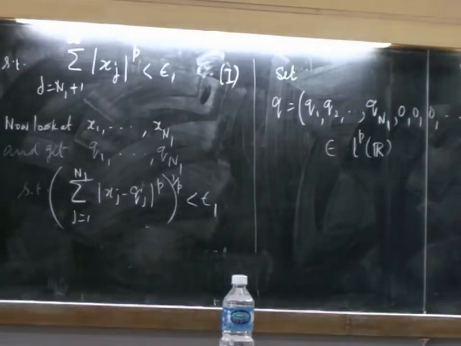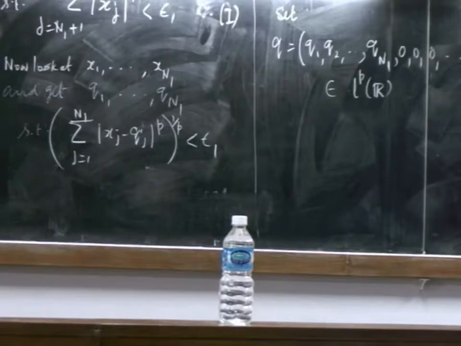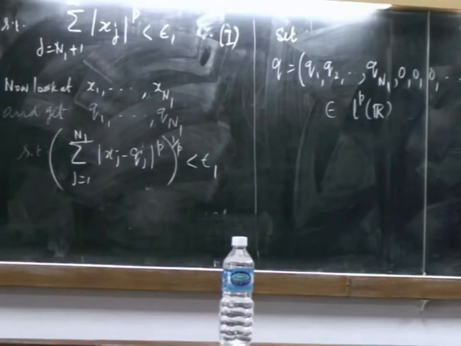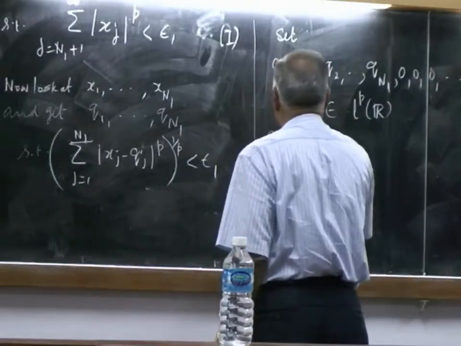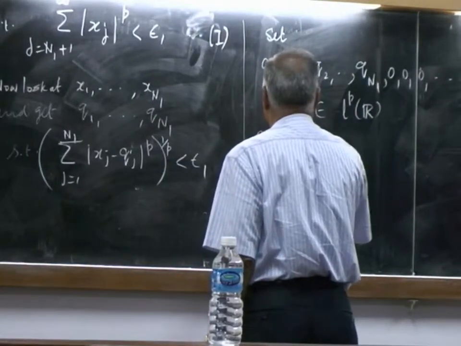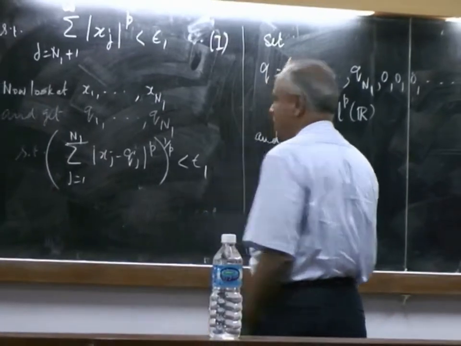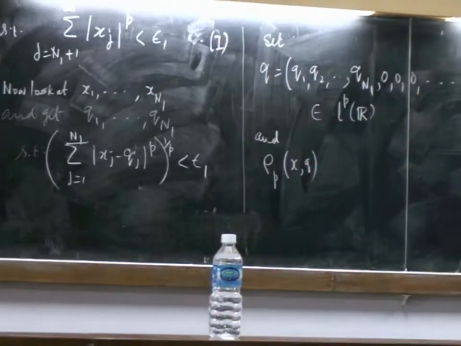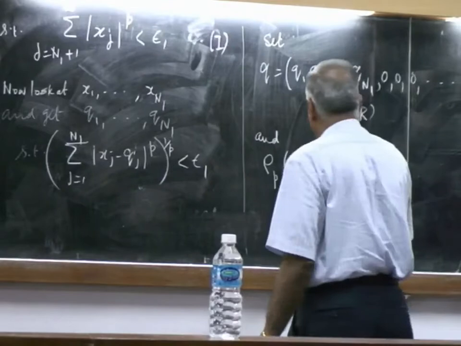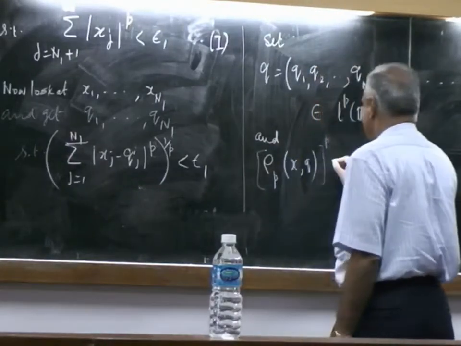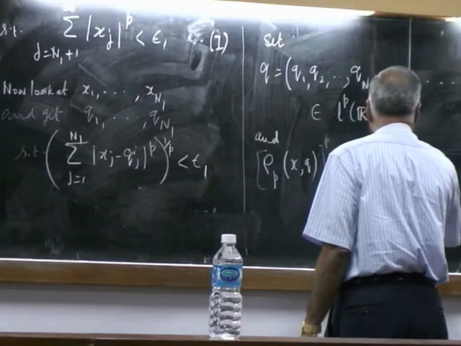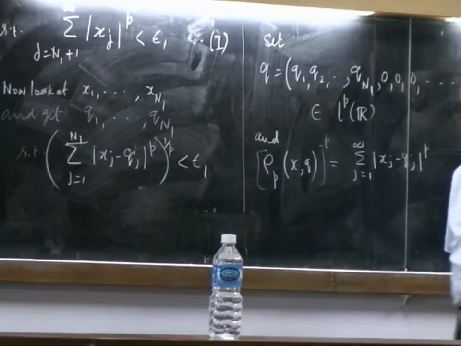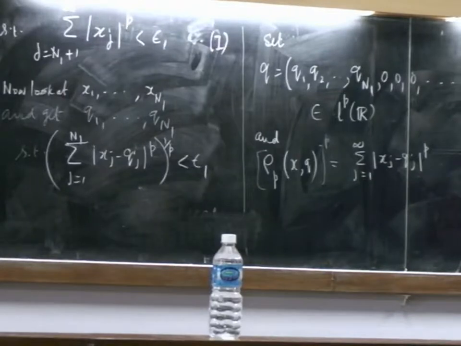Because there are only a finite number of components, the sum of the pth power will definitely be finite. So that is in l^p r, no problem. And what is rho p of x, q? Let us look at the pth power of this. Okay, that is summation j equal to 1 to infinity |xj minus qj|^p. Now I will split it into two parts.